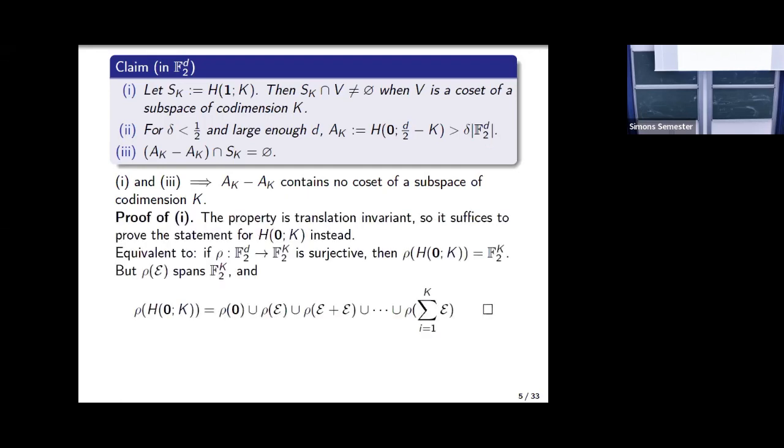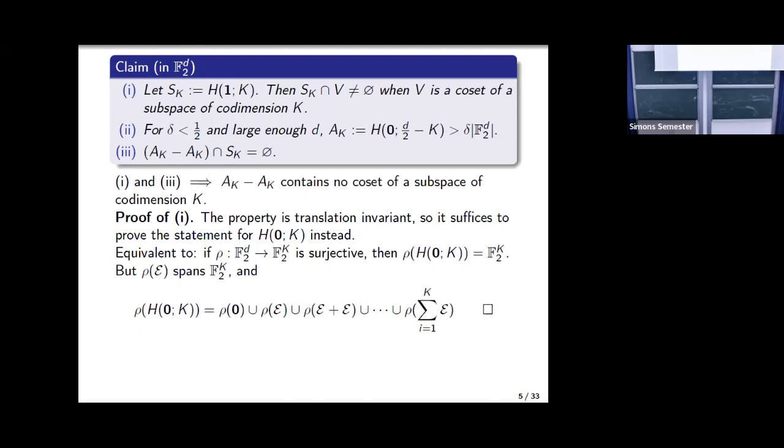Okay, so how do you prove 1? It's kind of cute. This property is translation invariant because we're talking about cosets here, right? So you can check that the same property is true for the Hamming ball around 0.